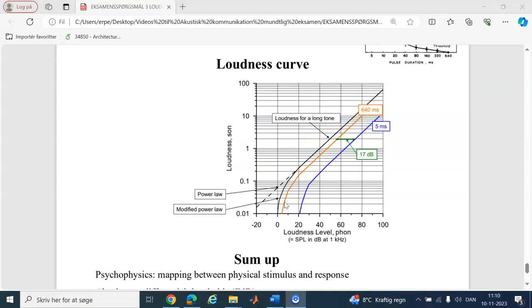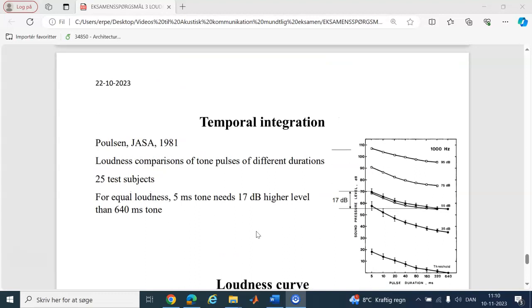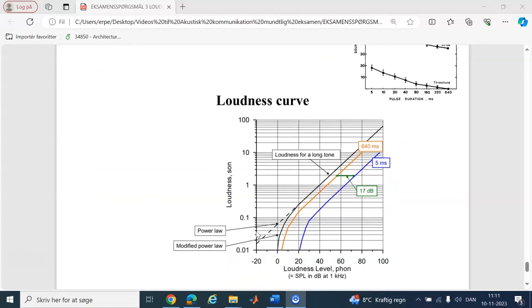If you have 640 milliseconds and you compare it with a 5 millisecond duration, then you have to add 17 dB more for the 5 milliseconds to get the same loudness as 640 milliseconds.